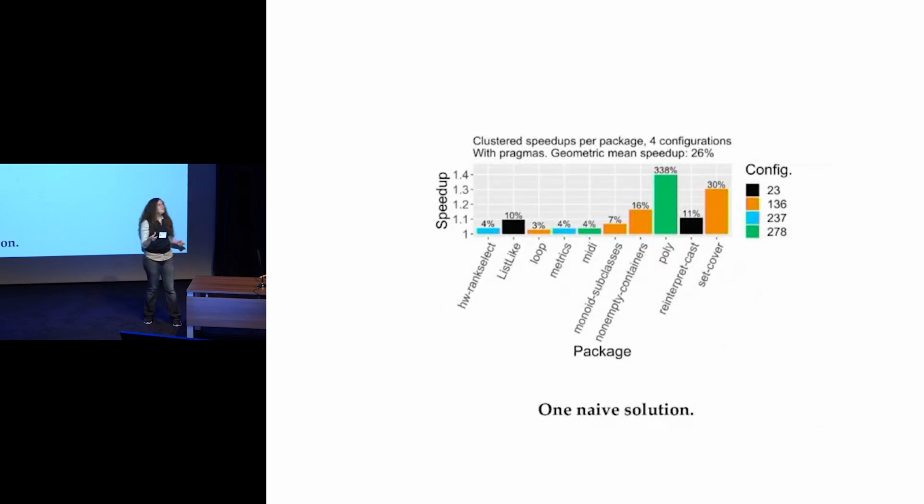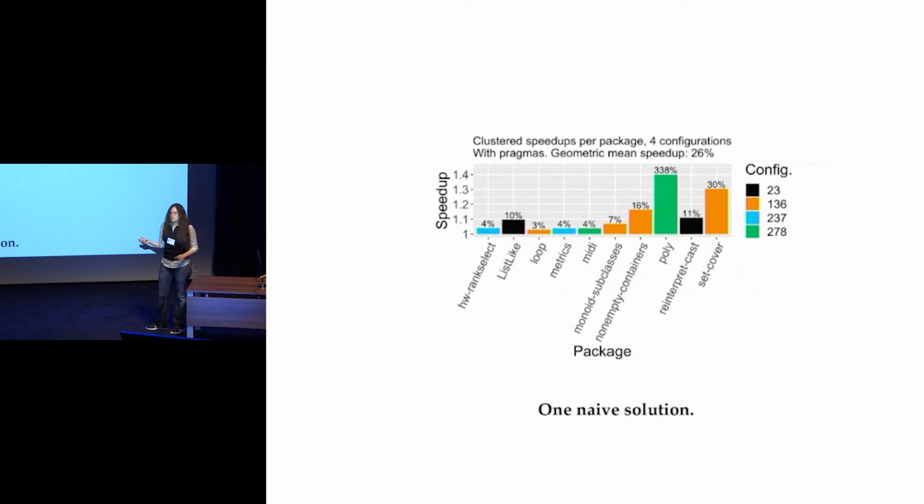Okay, so we thought, here's a really super naive solution. What if we select some really small number of different configurations of numbers, and then we'll assign packages to one of these small numbers of configurations. And that's what we did here.